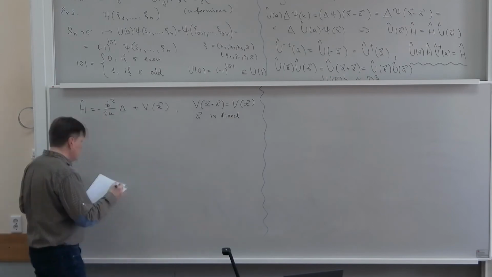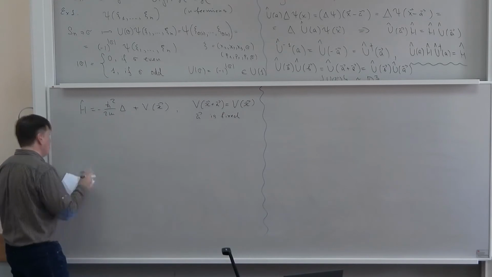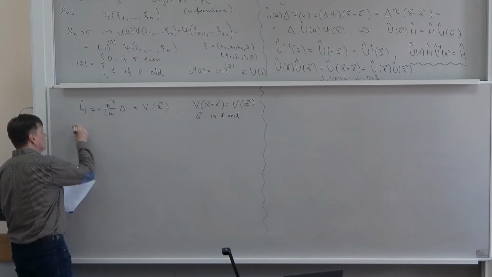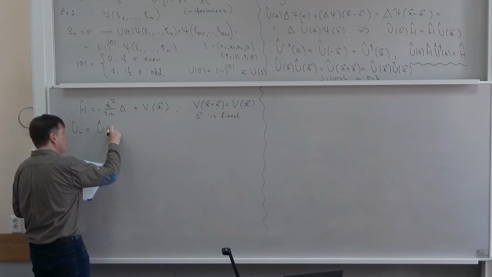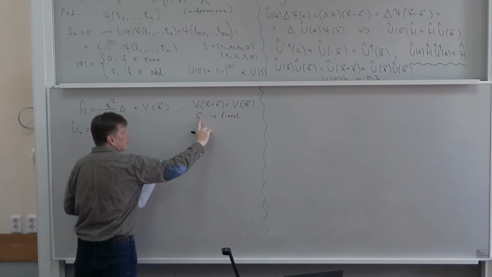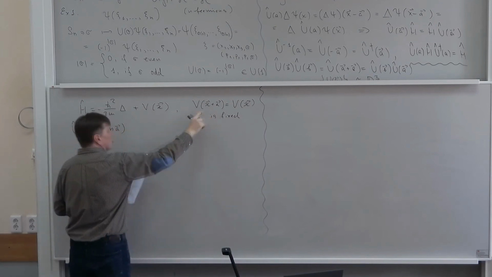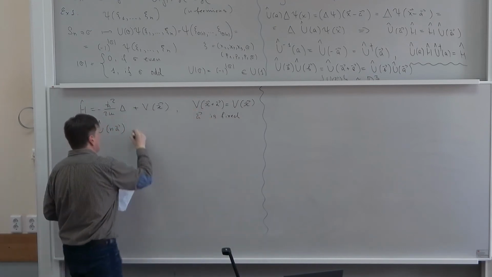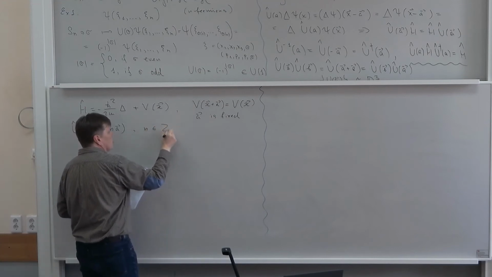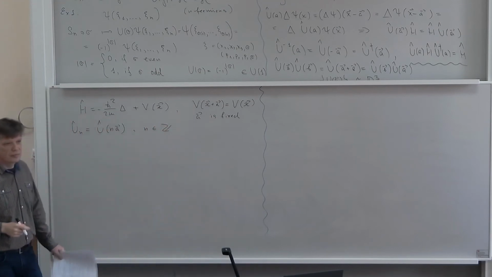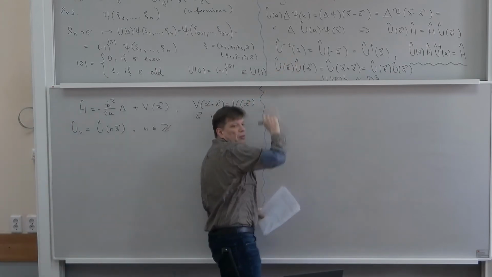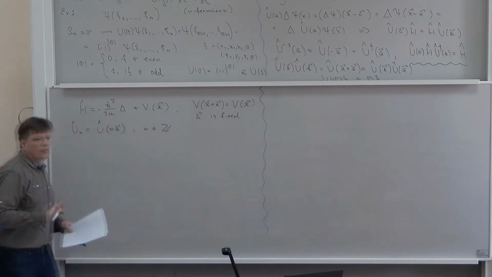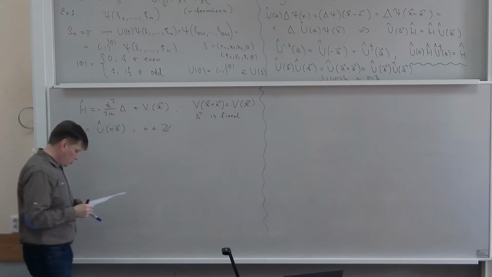And these are translations of the form U_n, given by U of n times A, where A is our vector entering the periodicity condition, and n is an arbitrary integer number. I use the above notation for the translation.